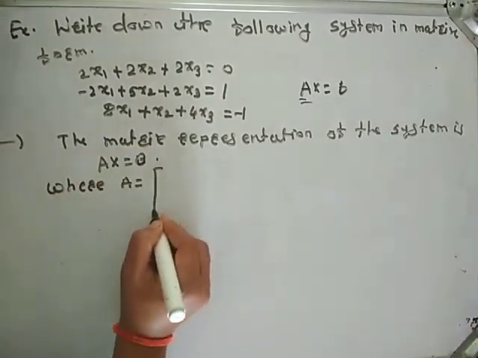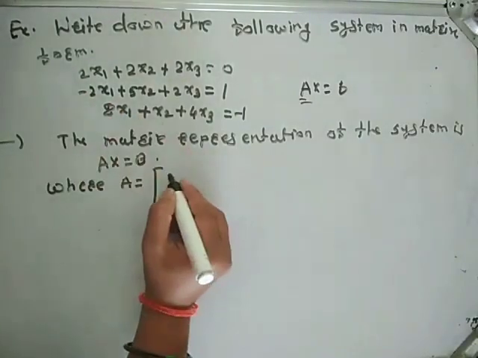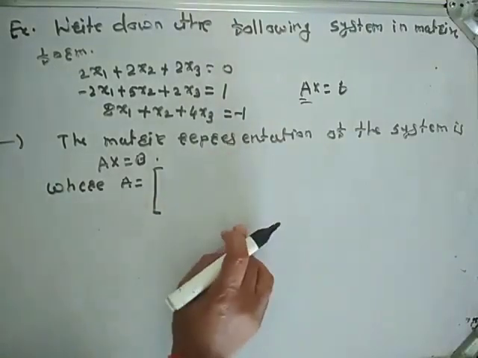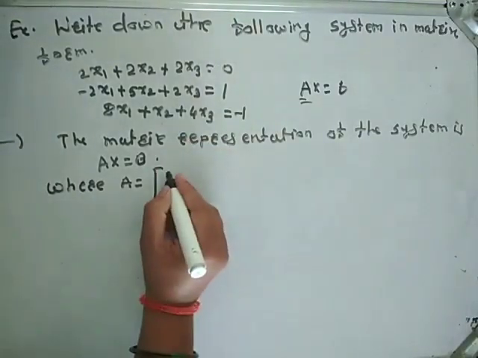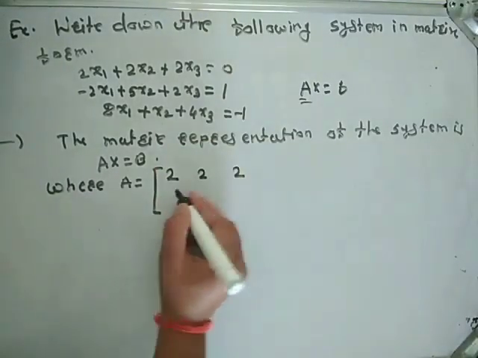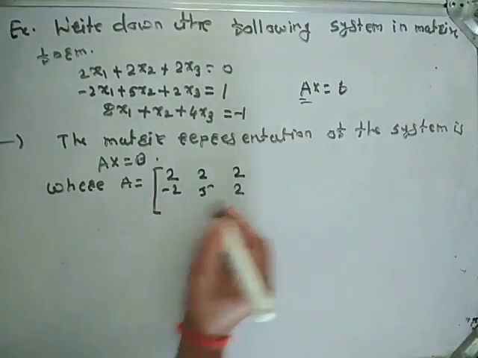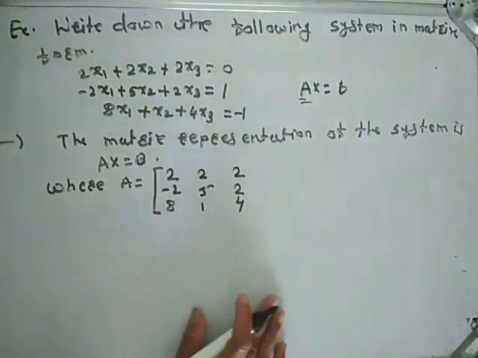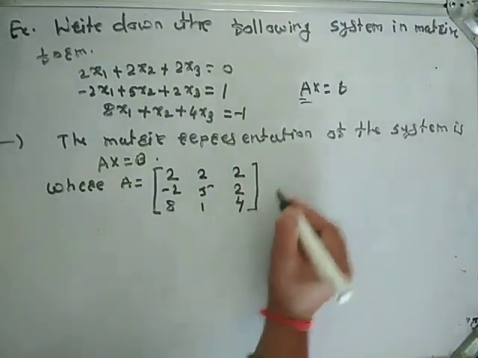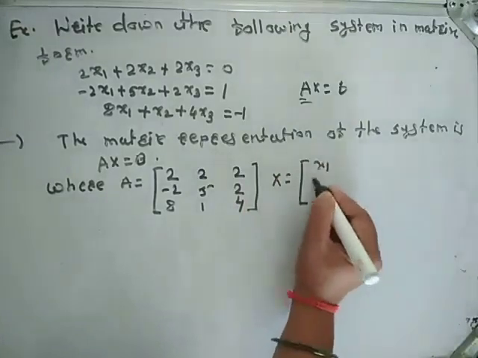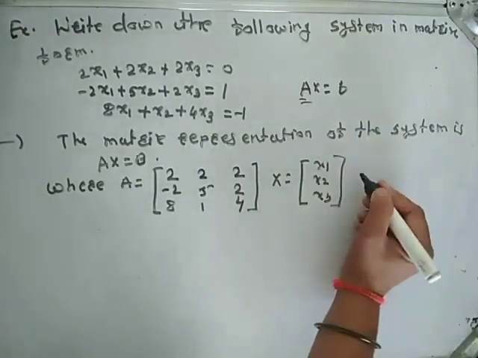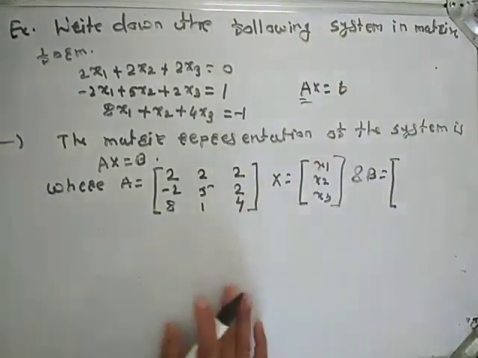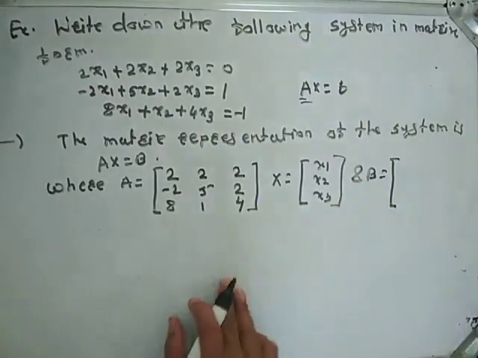Solution: the matrix representation of the system is A into X is equals to B, where A is equals to matrix. First column is the coefficient of x1, second column is the coefficient of x2, and third column is the coefficient of x3. So 2, 2, 2, minus 2, 5, 2, 8, 1, 4. Okay, where X is equals to x1, x2, x3, and B is nothing but the right hand constants of the system.